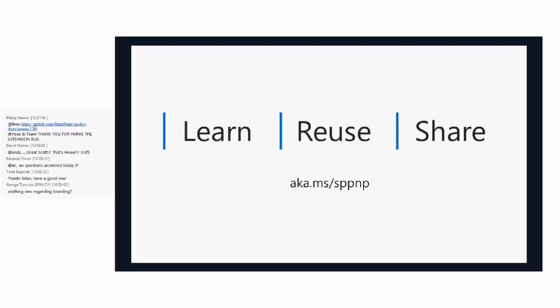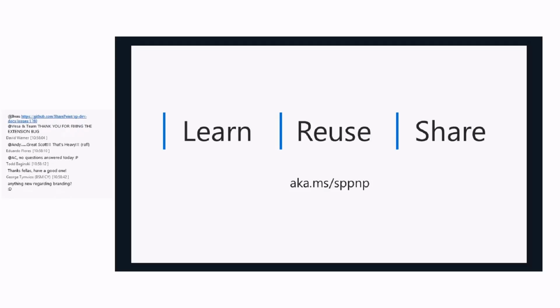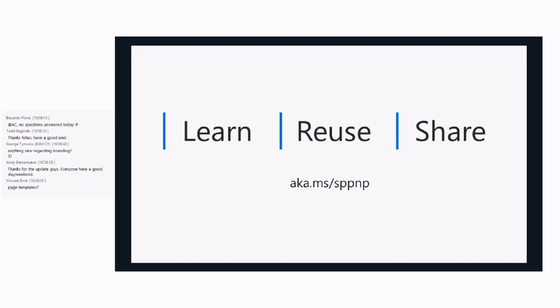Anything new regarding branding? Okay, we have 2 minutes. On modern, I think the only thing we publicly said is that we're looking into having font support. Modern theming will be enabled in classic theme sites, which is kind of cool. Page layouts, we might have something on that one at SPC. I can promise this one.